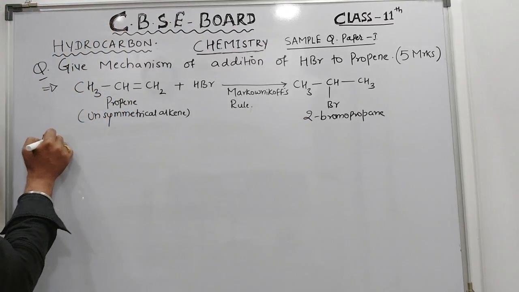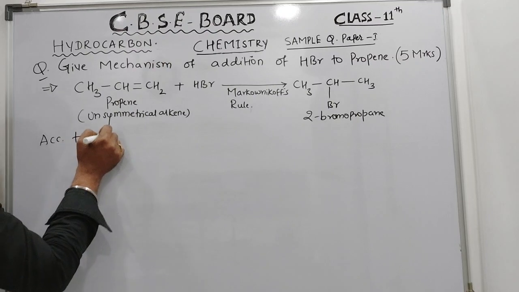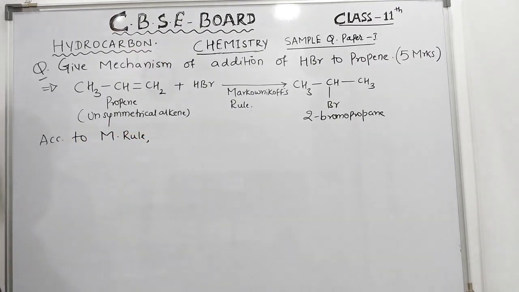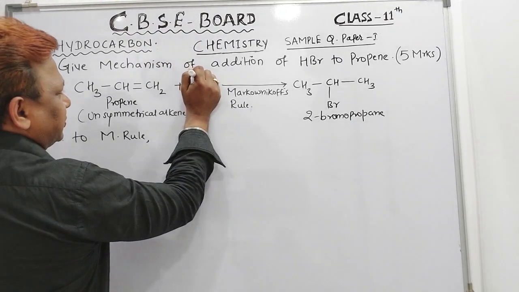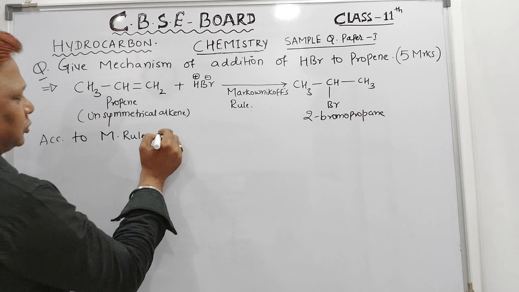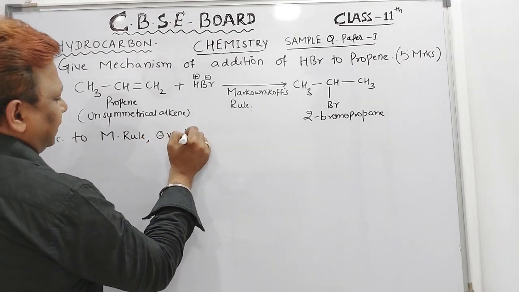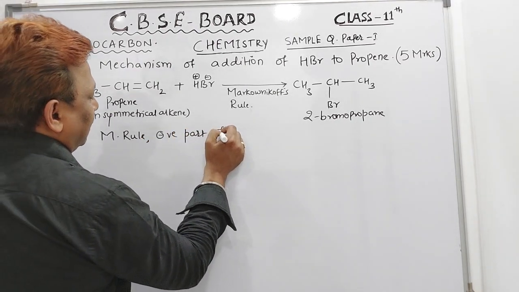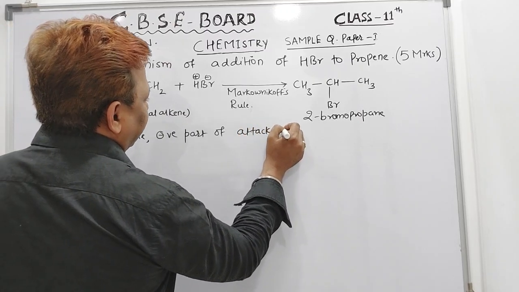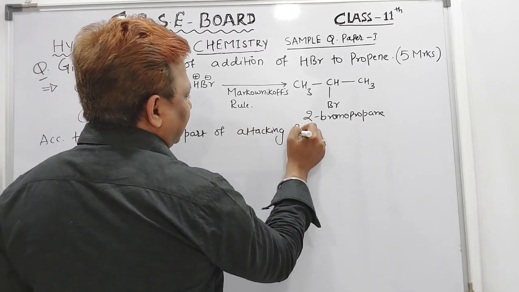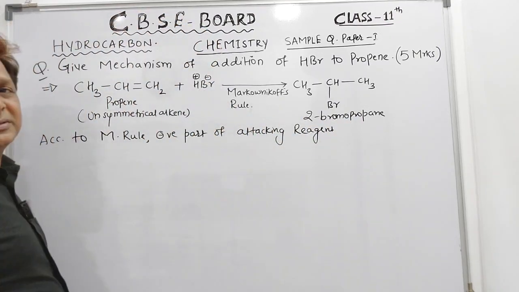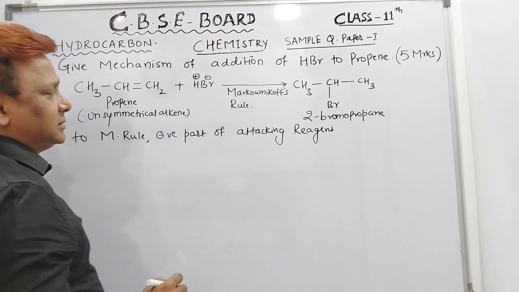According to Markownikoff's rule, instead of writing Markownikoff's rule, I will just write M rule here. See, H plus is the positive part and Br is the negative part. Negative part of the attacking reagent means Br minus, positive part means H plus.